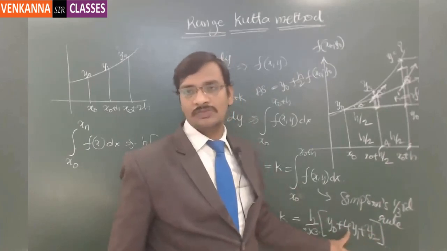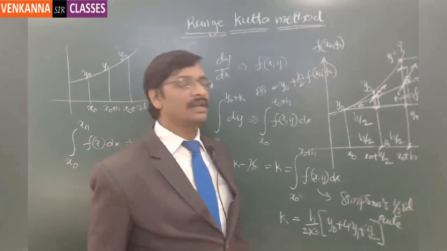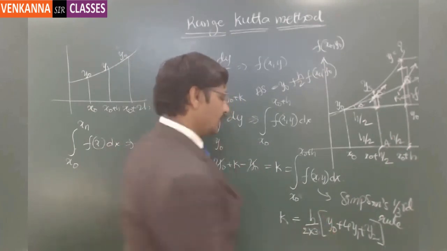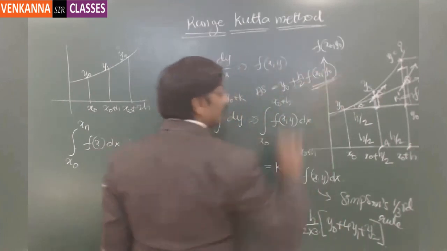So these 2 times of k2, k3 are, so this k is nothing but h times of y0. h times of y0 is nothing but the k. So ideally rather than y naught, here the function value is f of x naught comma y naught.